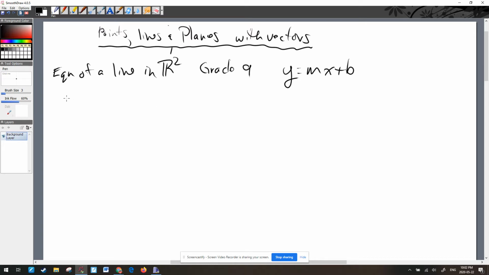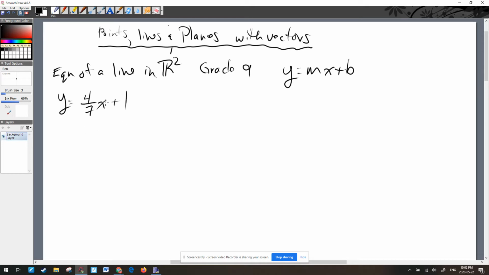So let's look at an example and start trying to extend our understanding of that into the type of understanding we have now. Imagine that we had y equals 4/7 x plus 1.